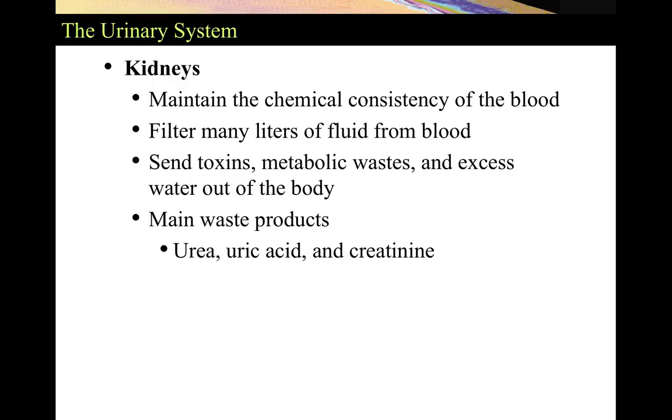So some of the main functions of the kidney include maintaining the chemical consistency of the blood. When we talk about chemical consistency, some of the things that we're focusing on are the ions: calcium, chloride, potassium, sodium.